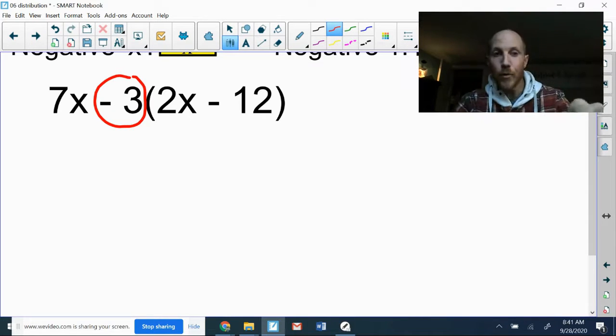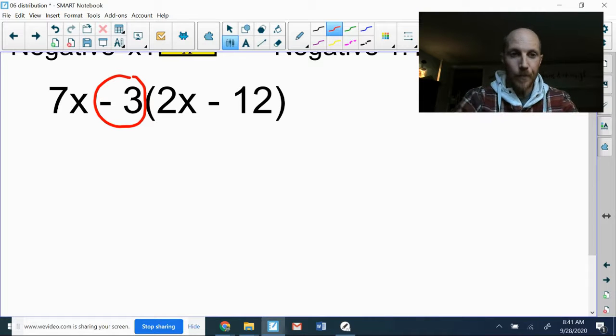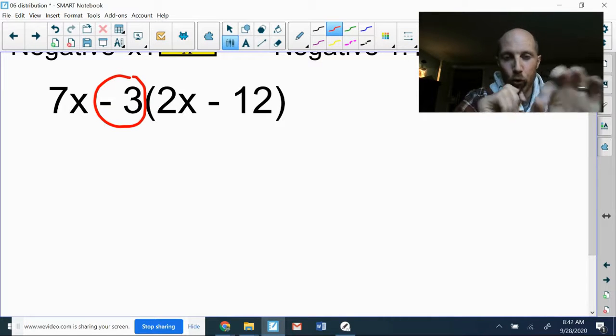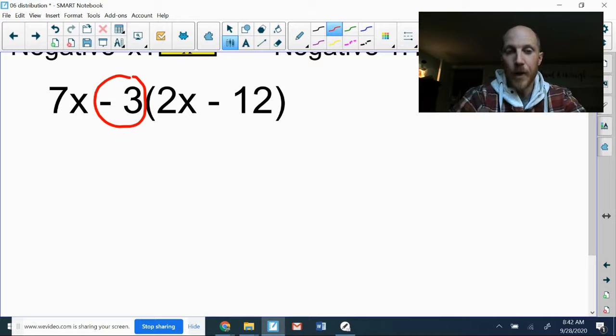Okay, well, so the -3 is what's going to be distributed. In this case, the 3 is right up next to the parentheses. That means multiplication. If the 3 and that minus sign inside the circle were switched around, so it said 3 and then minus, and the minus was right next to the parenthesis, then I would only be distributing the minus sign like we did in the previous problem, or 2 problems ago, whatever it was.